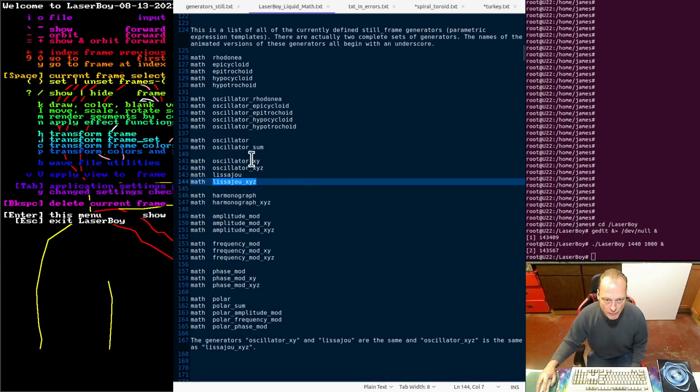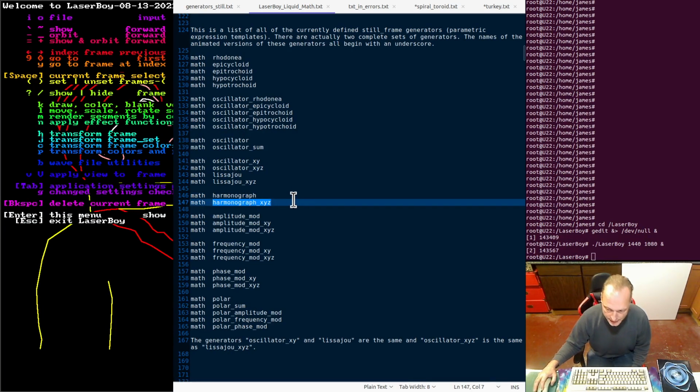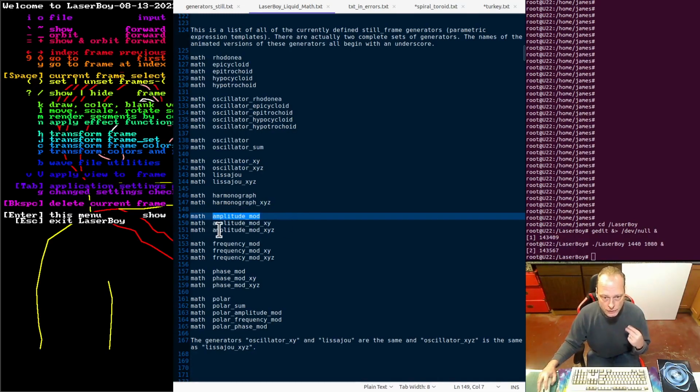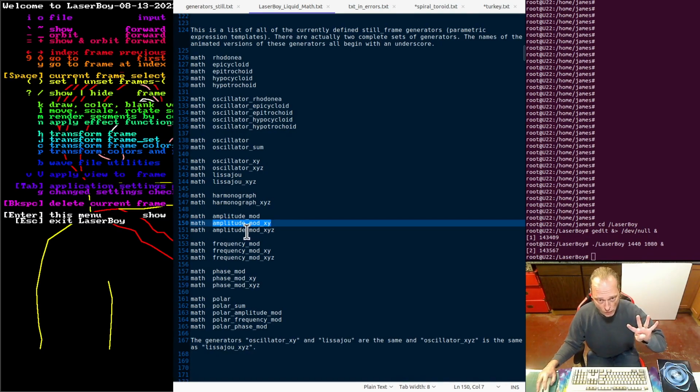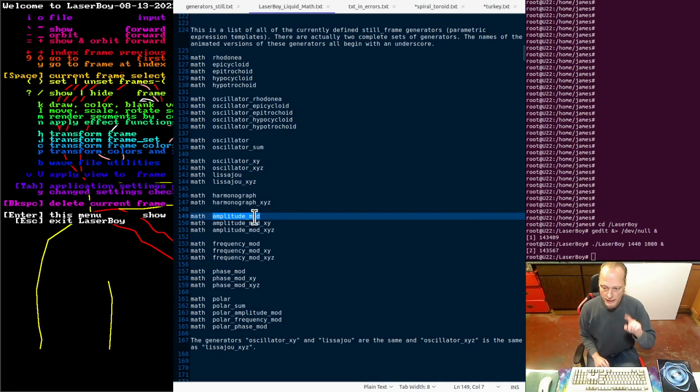I just named them that way because of the way I named these other things that are also generators. Okay. Harmonograph actually uses 4 of them, and Harmonograph XYZ uses all 6 LaserBoy oscillators. Okay, and then Amplitude Mod uses 2, Amplitude Mod XY uses 4, because each one of these, see, this amplitude modulation is LBO1 multiplied by LBO2, and it just shows you what that looks like across the, X is time, and Y is amplitude modulation of LBO1 onto LBO2.